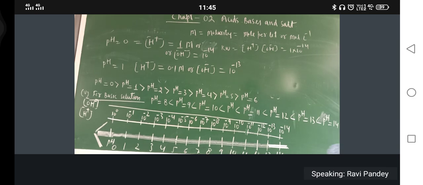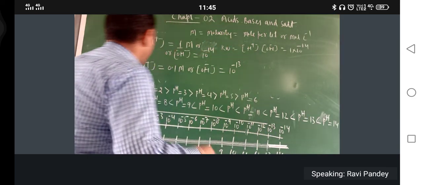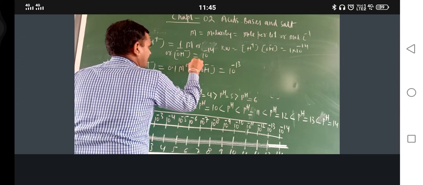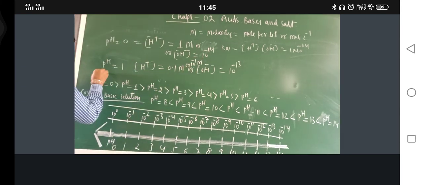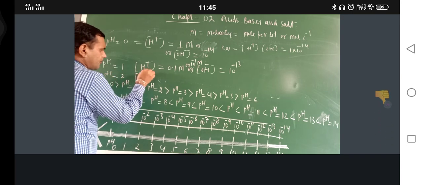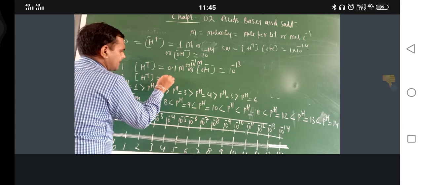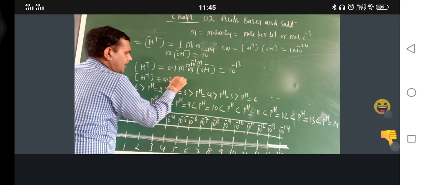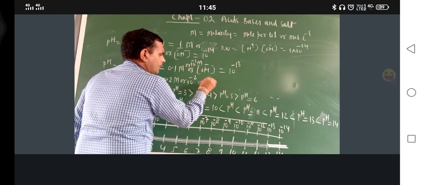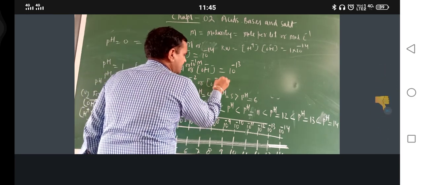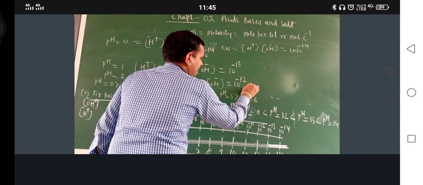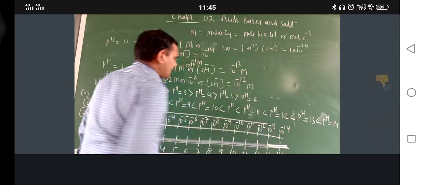Don't worry. So just see here. 0.1 M can also be written 10 raised to the power minus 1 M. Now suppose pH is equal to 2. What would be H positive ion concentration? This will be 0.01 M or 10 raised to the power minus 2. And what would be the OH negative ion concentration? This will be equal to 10 raised to the power minus 12 M. M means mole per liter.